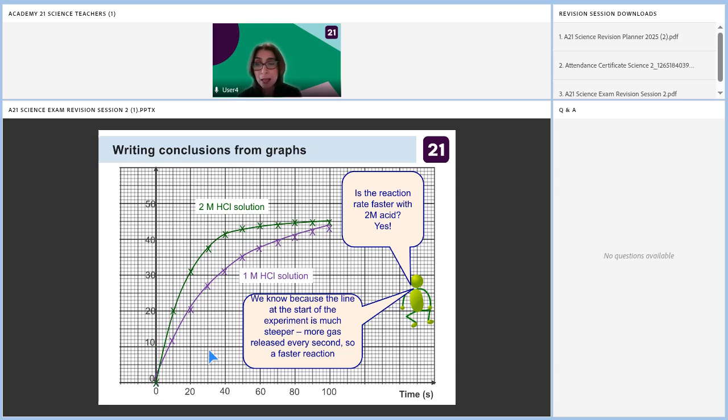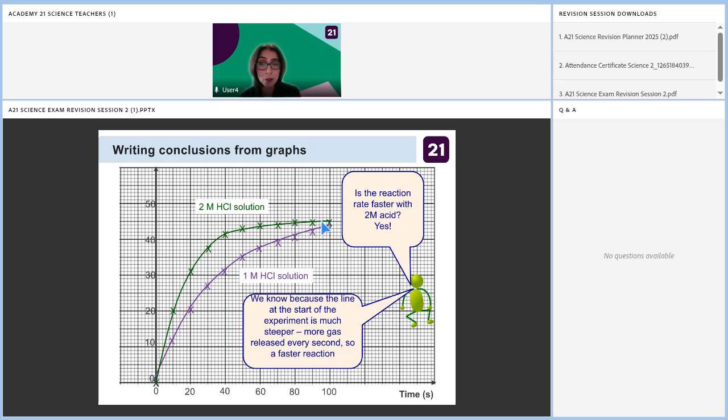That means there's much more gas released every second for the 2 molar hydrochloric acid, which means it's a faster reaction. That one is much steeper, a faster rate of reaction. That one's not as steep, the gradient is not as big, so it's a slower rate of reaction. What you should notice though is both of them are finishing around the same height.